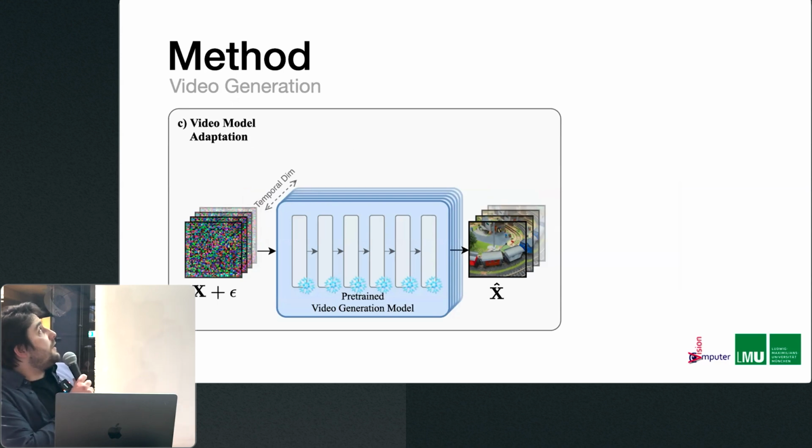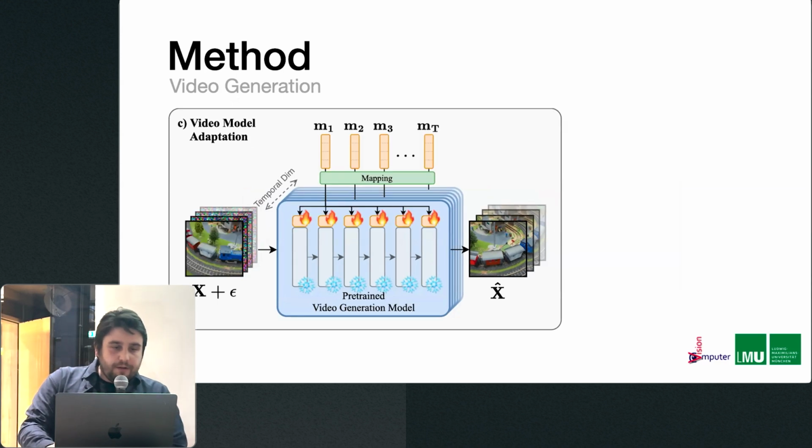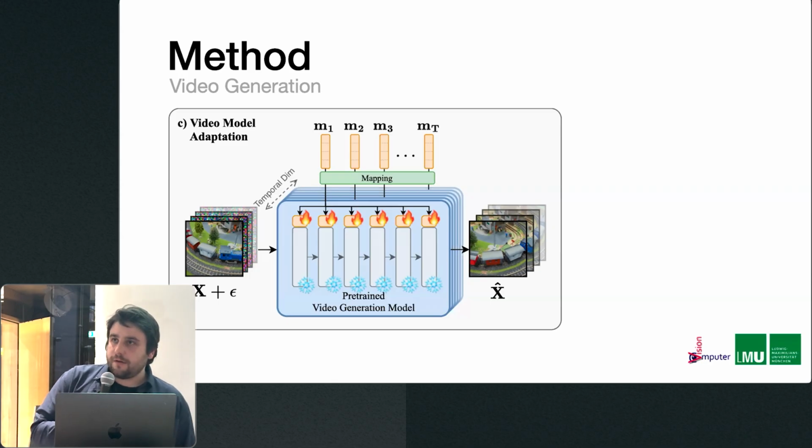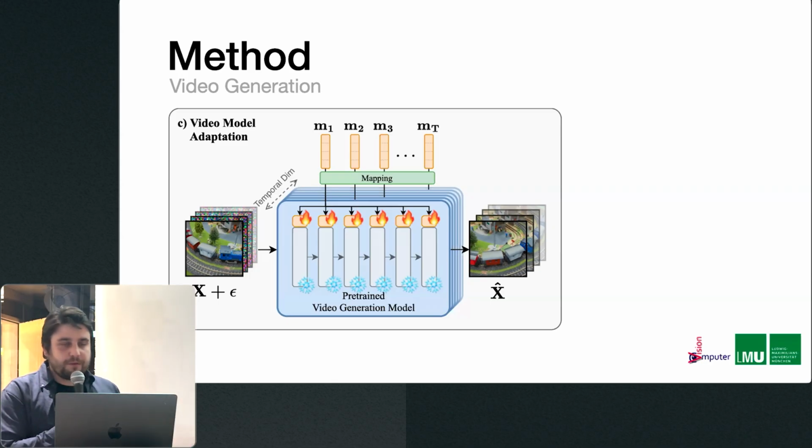So here is a video model with frozen intermediate layers, and then we fine-tune it using our motion embeddings with some LoRA layers. The rest is still frozen, and we fine-tune only the lighter weight LoRA layers. First we get motion embeddings from a source video, and then we apply a mapping network, which is a 2 or 3 layer MLP, so nothing special.